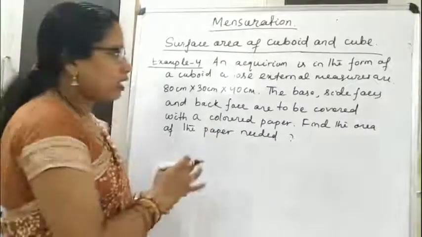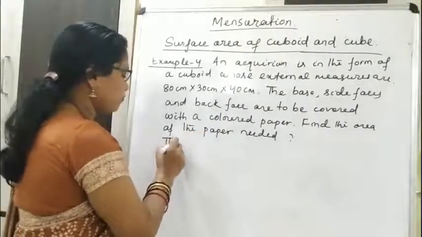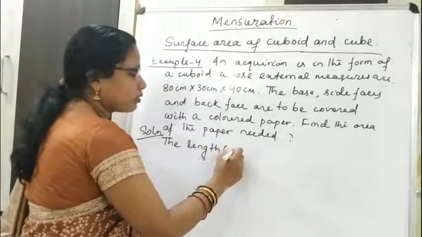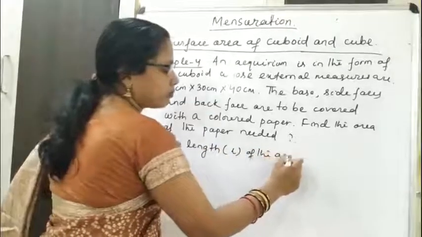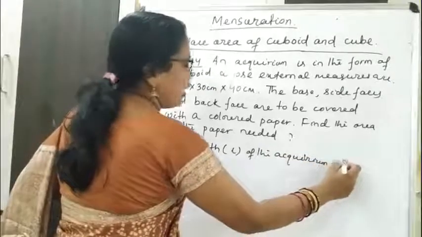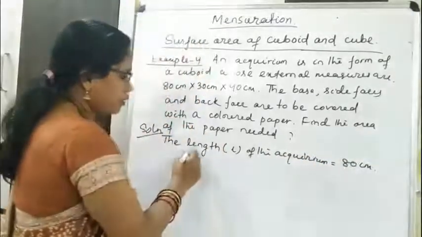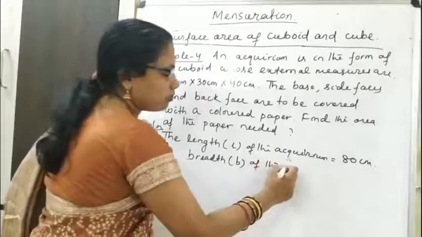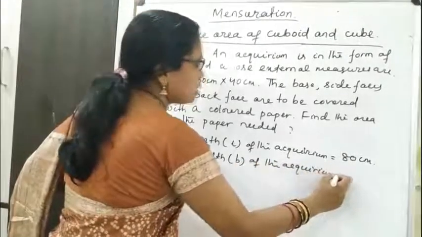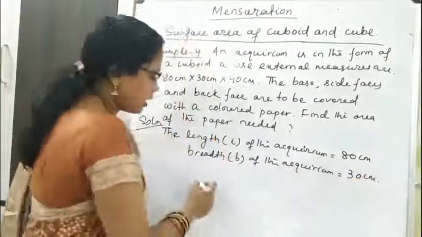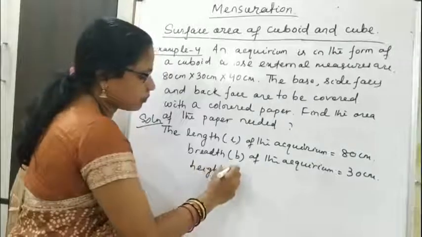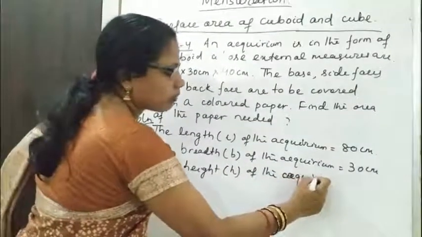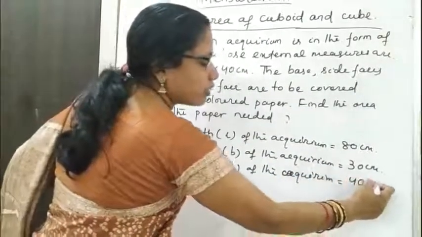So here, this is the solution. The length of the aquarium is 80 centimeter, and the breadth B of the aquarium is equal to 30 centimeter, and height H of the aquarium is equal to 40 centimeter.